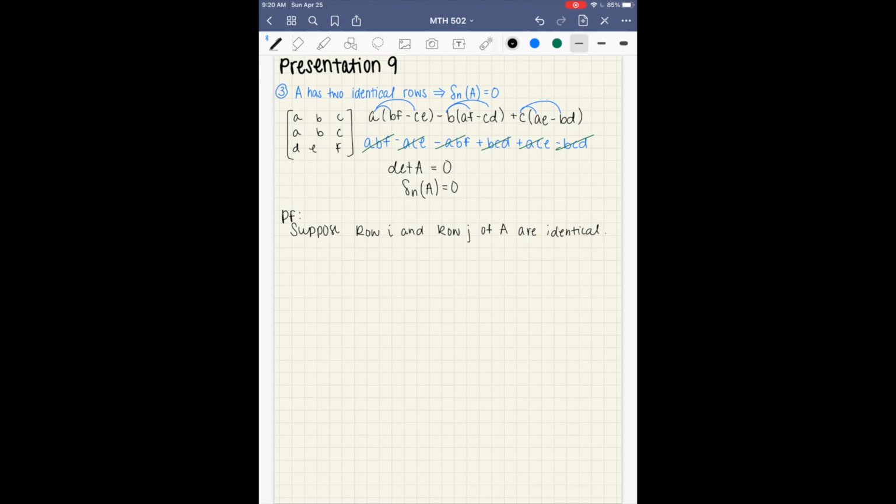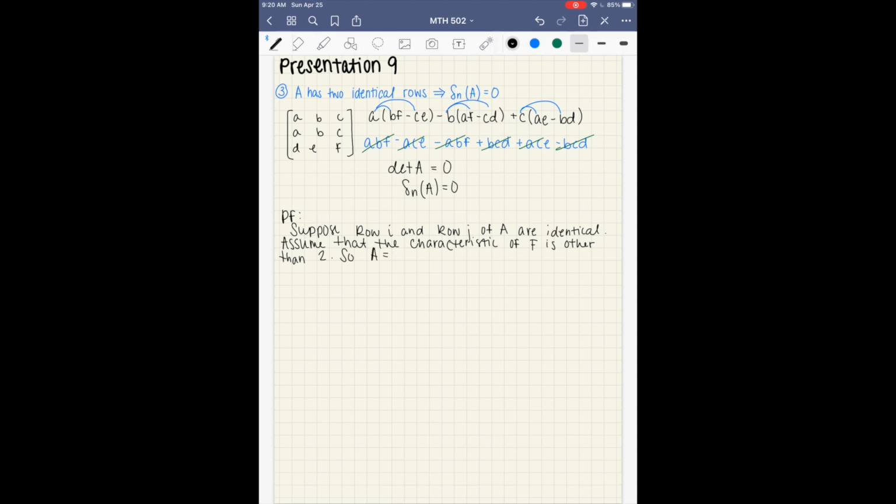So now we're going to assume that the characteristic of F is other than 2. So that means it would only have the 2 identical rows.